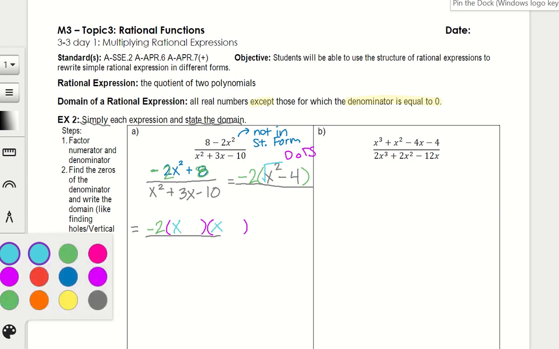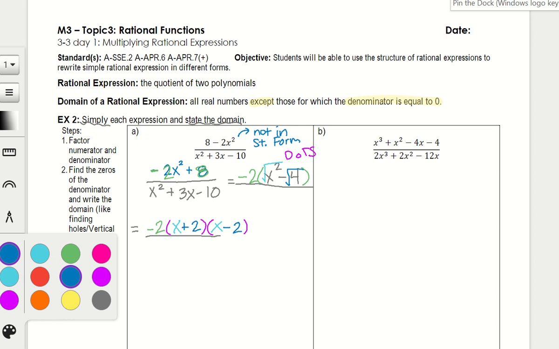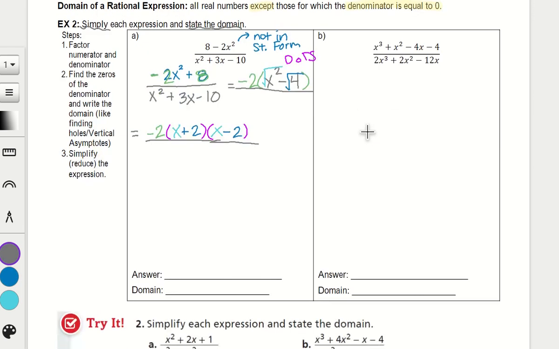And if I take the square root of the 4, that means that my b value is 2. And so the square root of 4 is 2. And so this factors as x plus 2 times x minus 2.